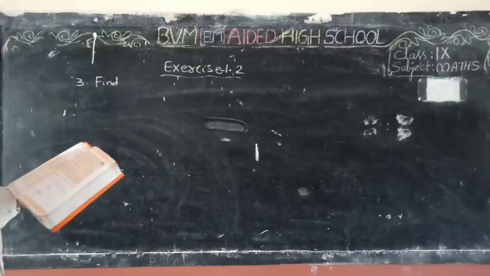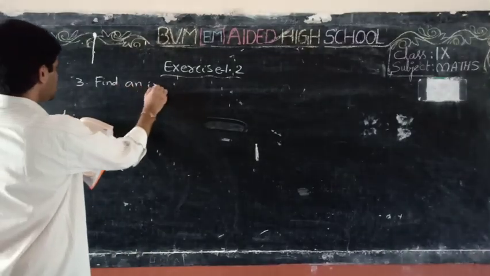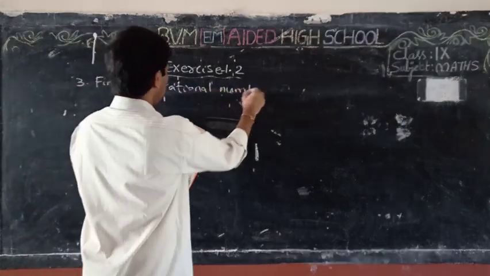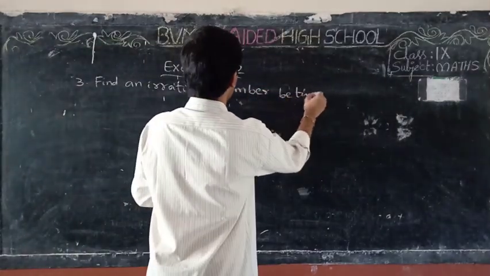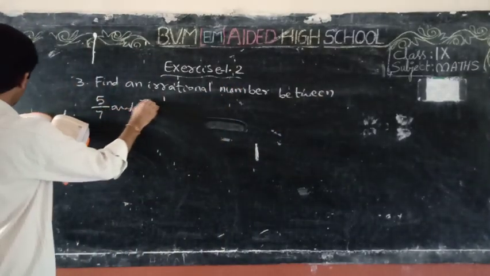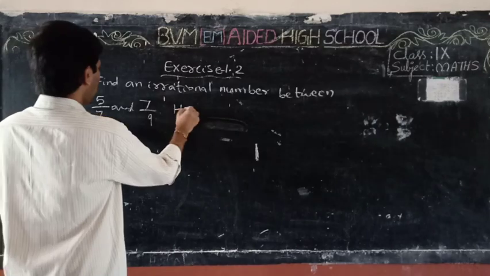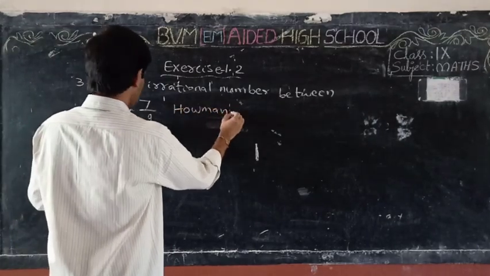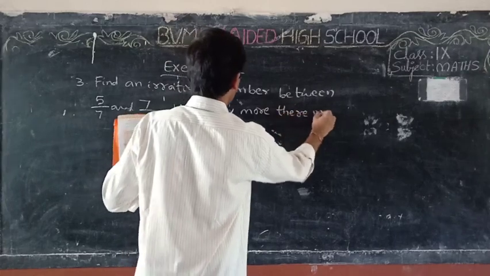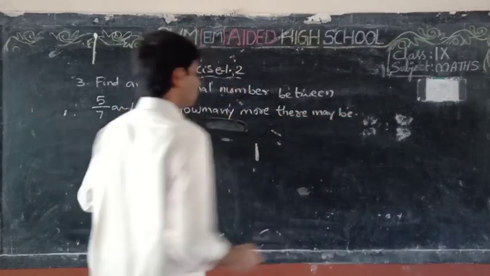So third question, find an irrational number between 5 by 7 and 7 by 9. How many more will there be? So there are two methods.